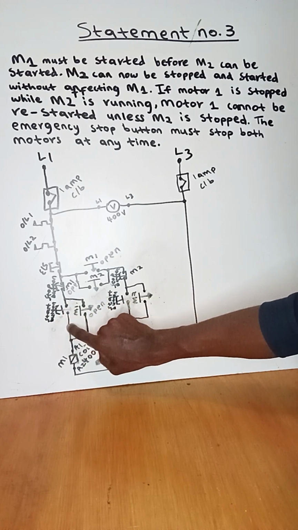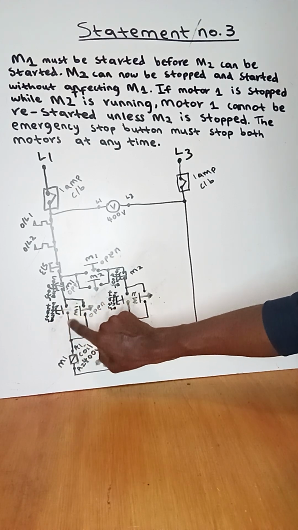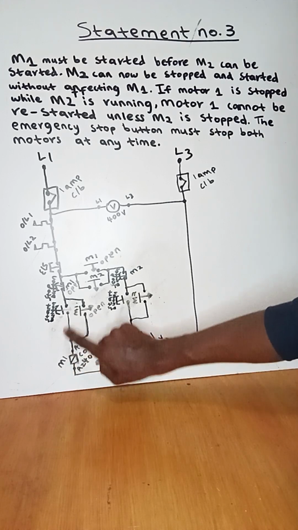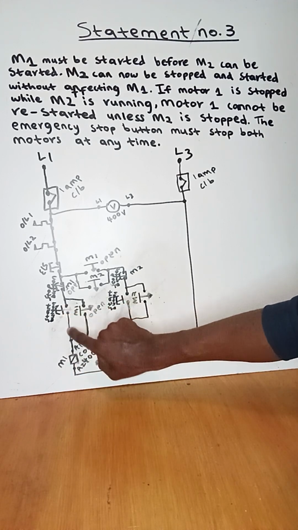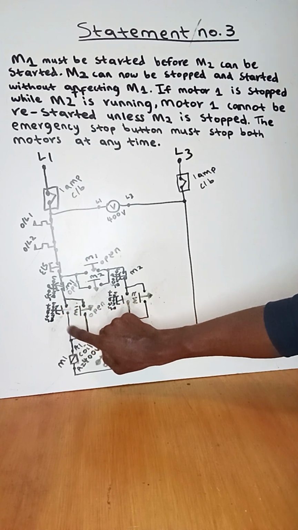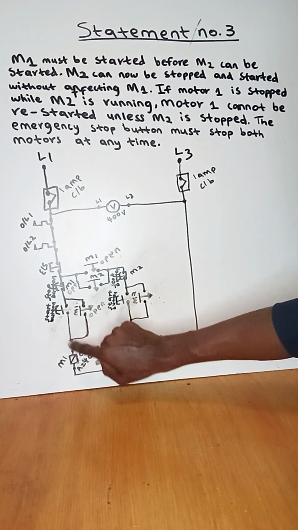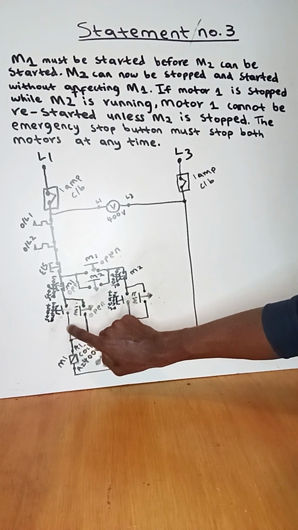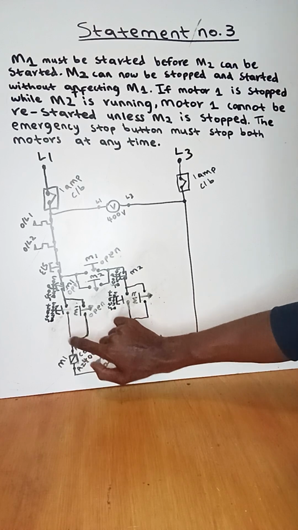When the contact is normally closed, obviously when I press the start button, current will still flow. But when we create an open contact, when I press the start button, current will be trapped here before the open contact.